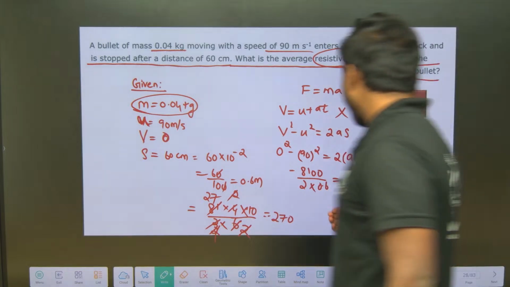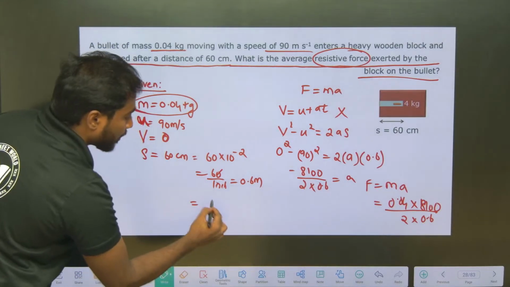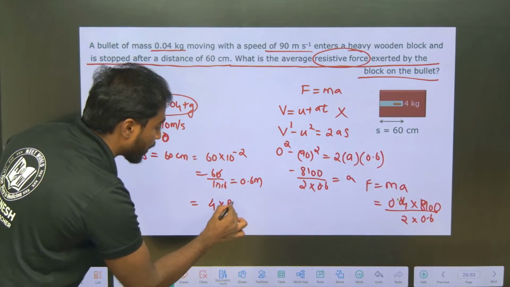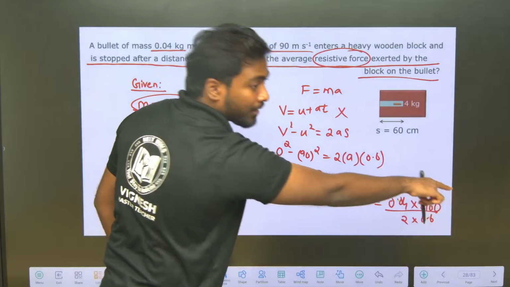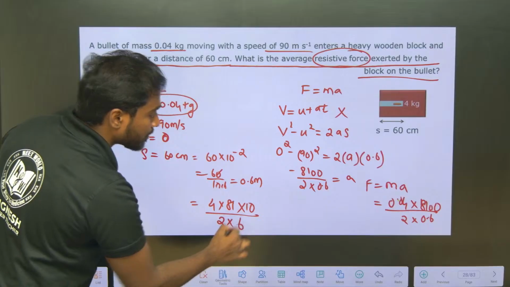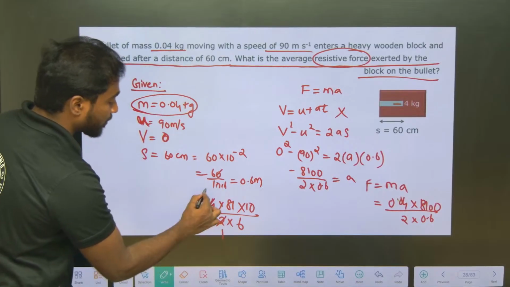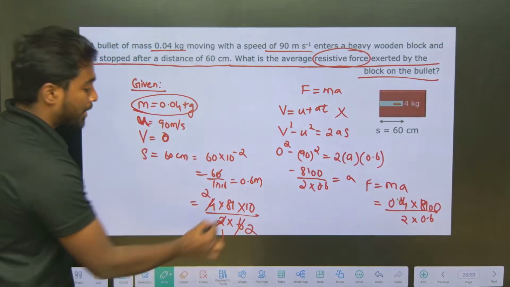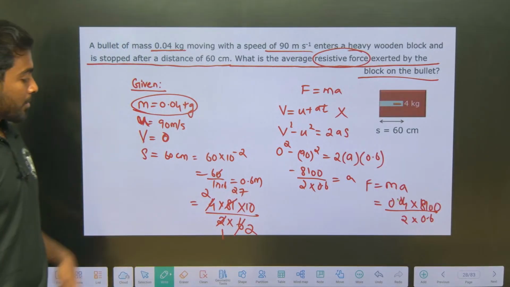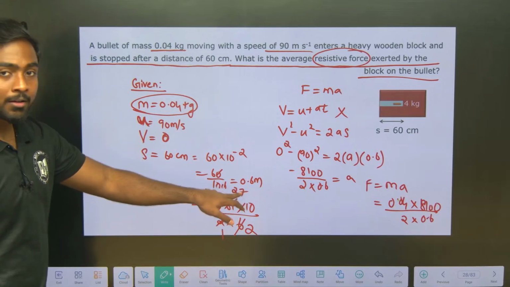Am I getting the correct answer? Let me check it once again. 0.04, I can take these two zeros, so 4 into 81. To remove the decimal point, I'm multiplying by 10 and 10, into 10 divided by 2 into 6. Now 1 time and 2 times and 2 times will go, and 27 times remains. Two 3s are 6, remaining 27.